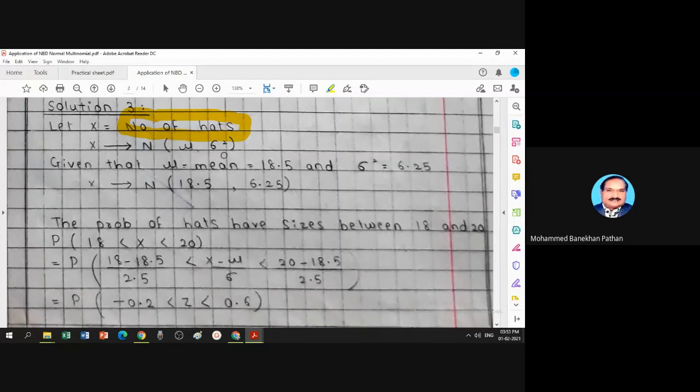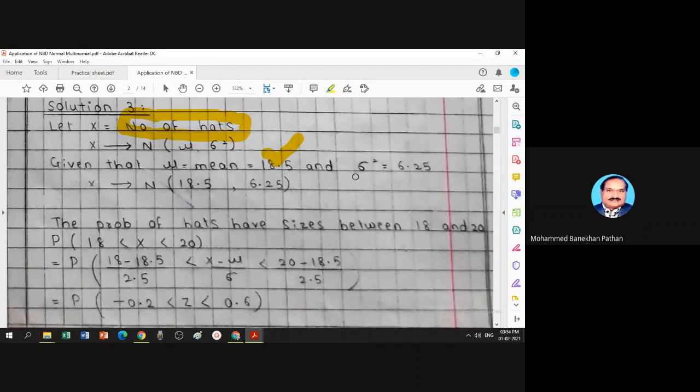In case of normal, mu stands for mean, and due to symmetry, mean can be mode, mean can be median. That means mu can be mean, mode, median, because normal distribution is symmetric, and we know from your first year the property of symmetric distribution, mean, mode, and median coincide.